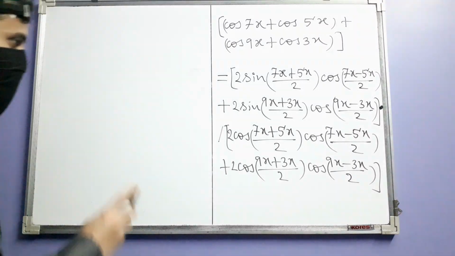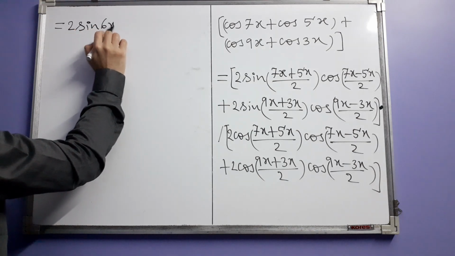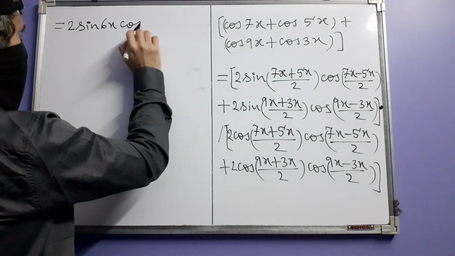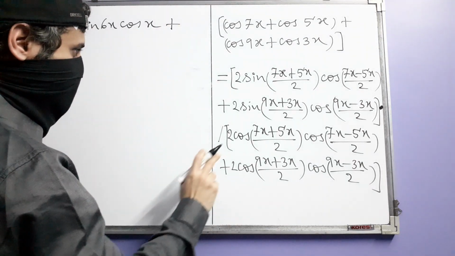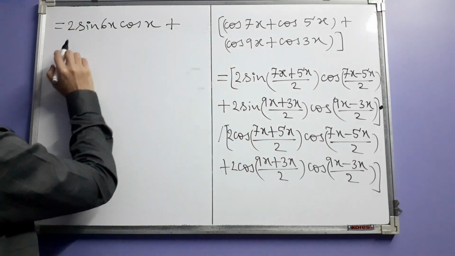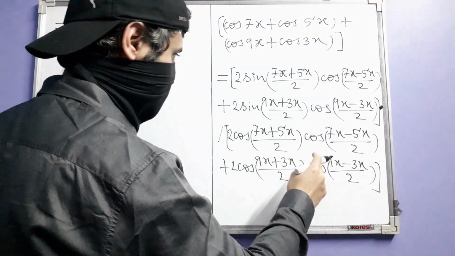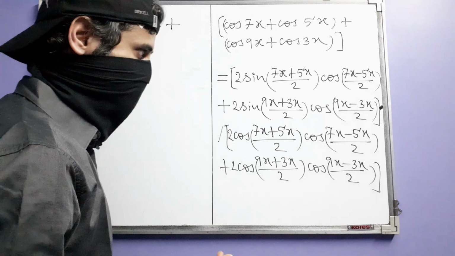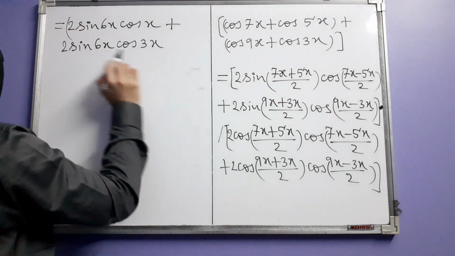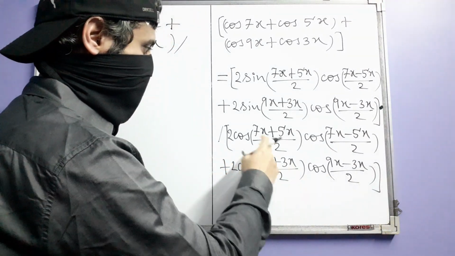So this will be 2 sine 6x. 7 minus 5 is 2, 2 divided by 2 is x, cos x, plus 9 minus 3 is again 12, 12 divided by 2 is 6, and 9 minus 3 is 6, 6 divided by 2 is 3x.